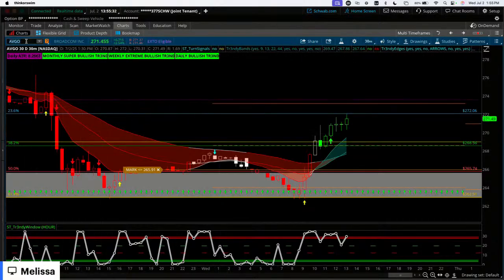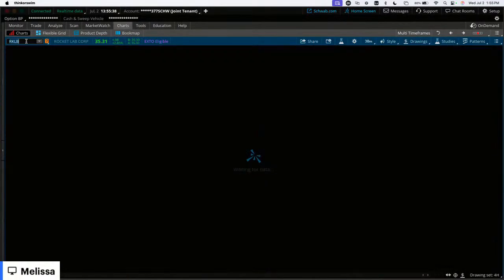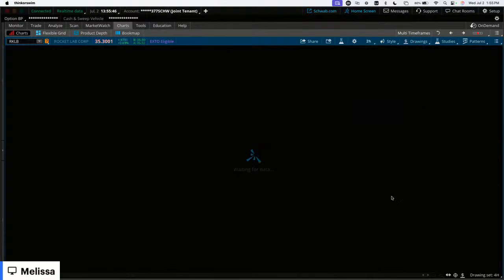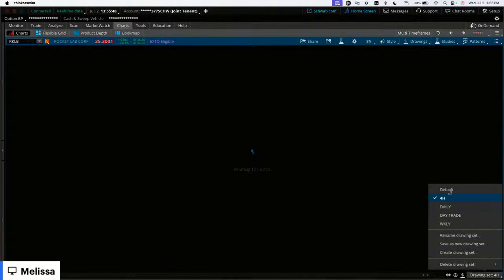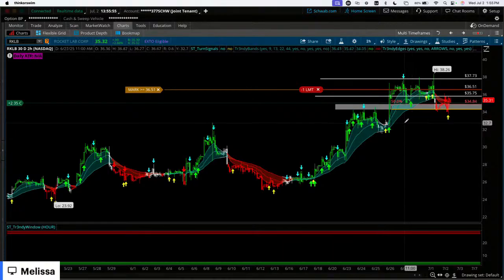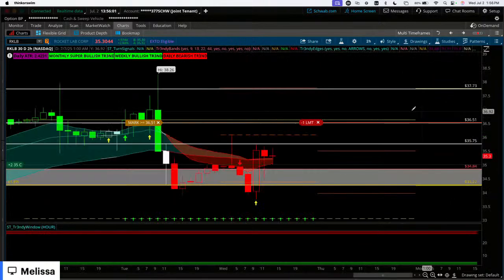The Rocket Lab trade from yesterday was on a 2 hour chart. And I'll show you that real quick. It was on a 2 hour chart, and I was using 15-minute higher lows.